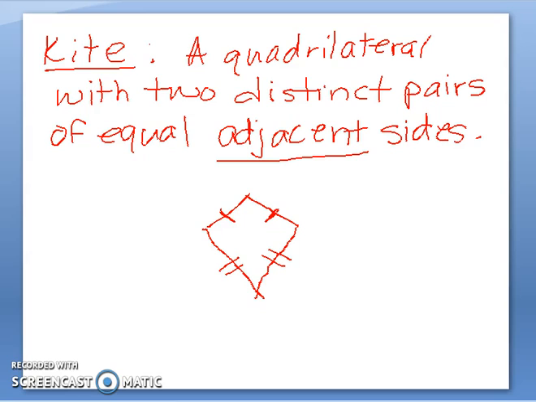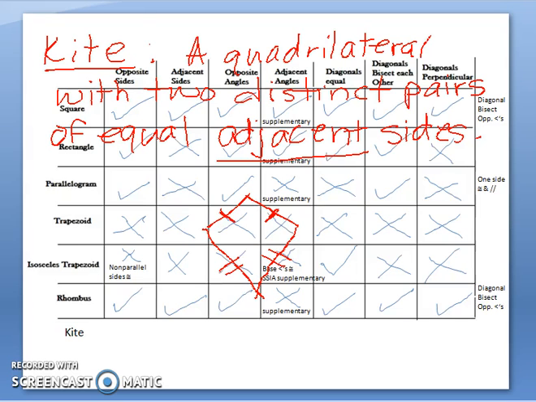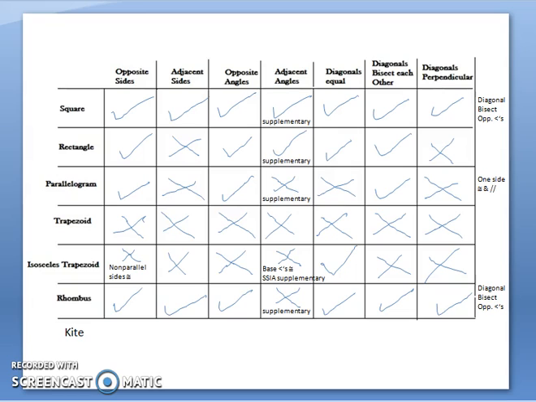Now, when we move to our properties, we have it all filled out now. We have our kite, and the kite's down here at the bottom. We're going to have to add it on to our list. It wasn't on our list originally.